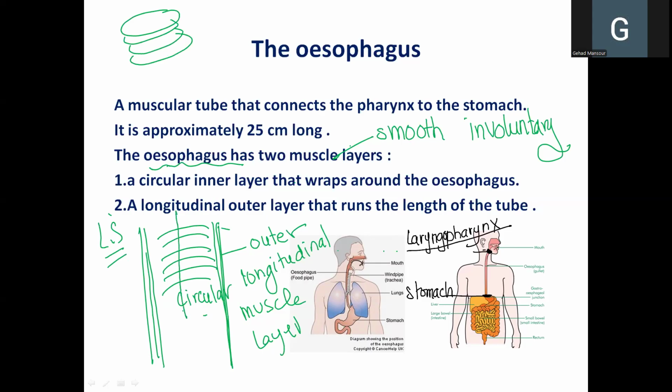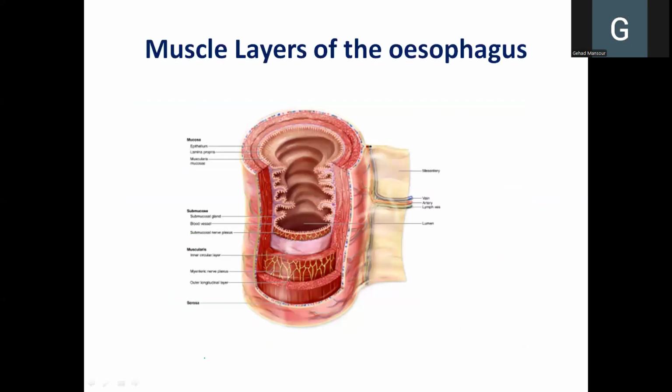But here, because we had a cut in the wall of the esophagus, see how the fibers of the outer layer run parallel to each other and longitudinal. This is the outer longitudinal layer of muscles. And on the other hand, we have another inner layer, where the muscles are circular. And here we have made a cut on the inside in order to see the circular muscle layers.